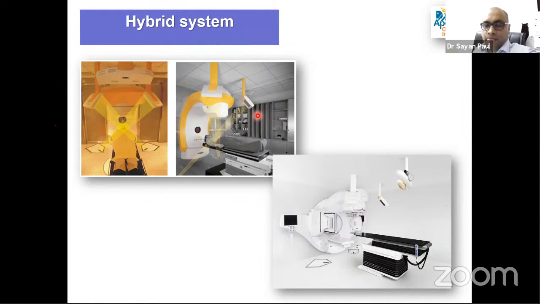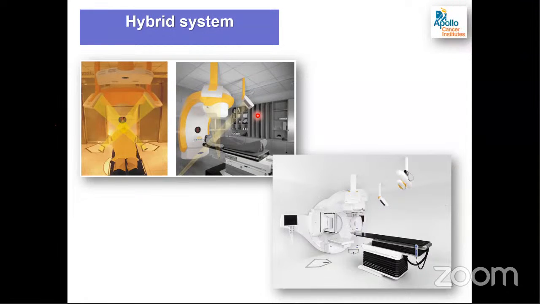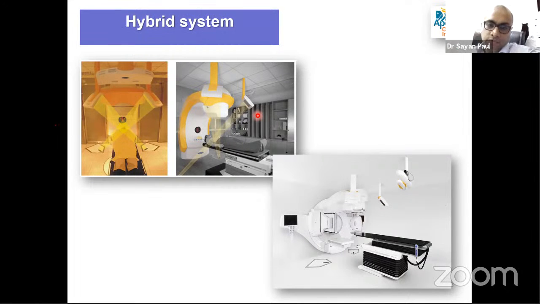And I'm lucky that I was a part of that team, where the first ExacTrac and Elekta combination, the hybrid system, was installed in the world, that is in the Fortis Hospital. And I was there during this installation and their training program.